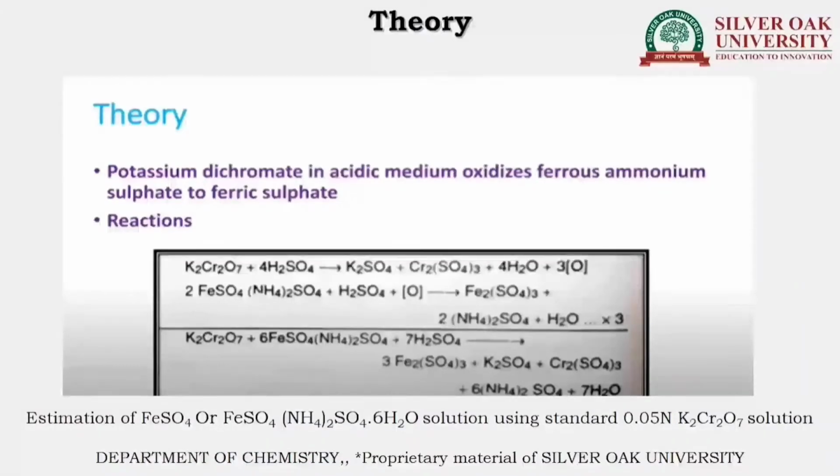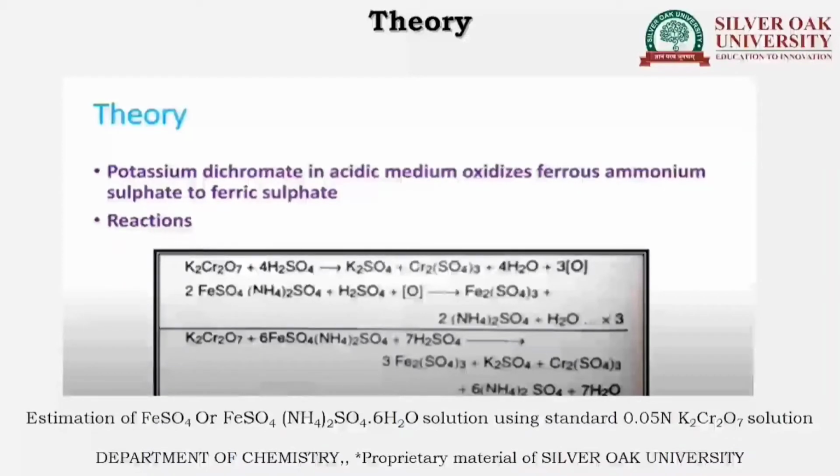Theory of the titration: potassium dichromate in acidic medium oxidizes ferrous ammonium sulfate to ferric sulfate. When potassium dichromate reacts with sulfuric acid, it gives potassium sulfate, chromium sulfate and oxygen as a product.